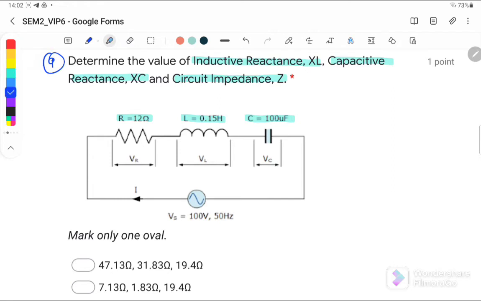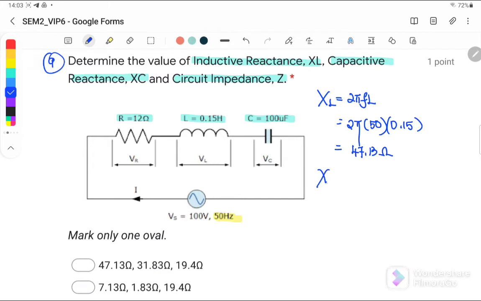The first one, we can use XL equals 2 pi FL, where the frequency here is given as 50 Hz. So I substitute in 2 pi, frequency is 50, inductor is 0.15. Therefore we will get XL equals 47.13 ohm.